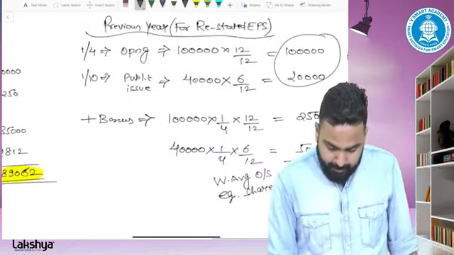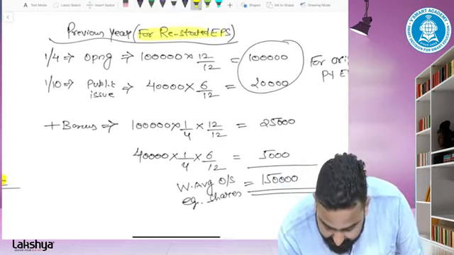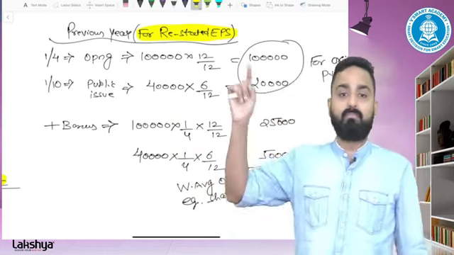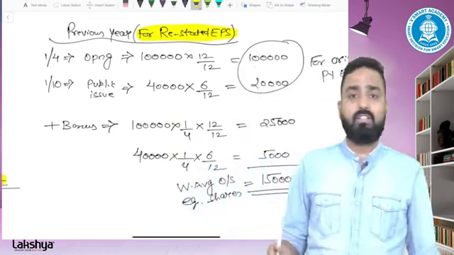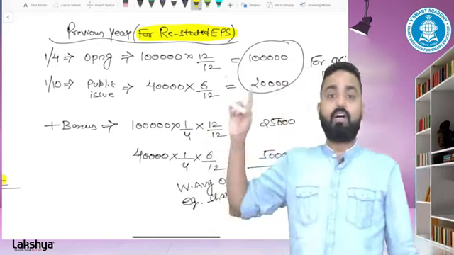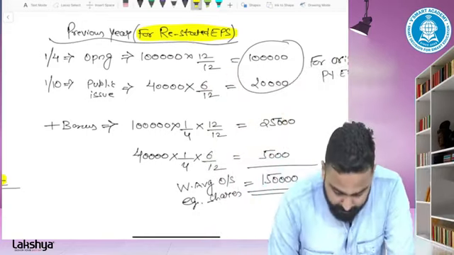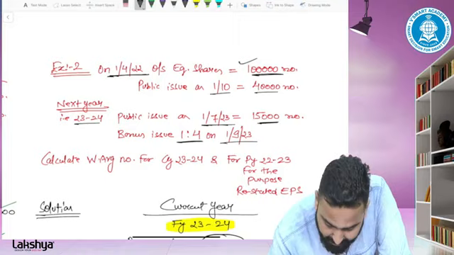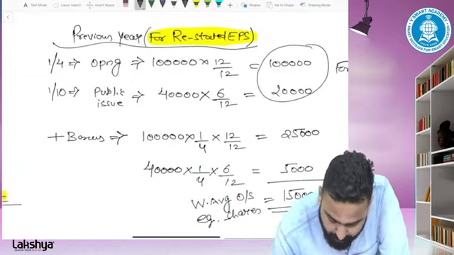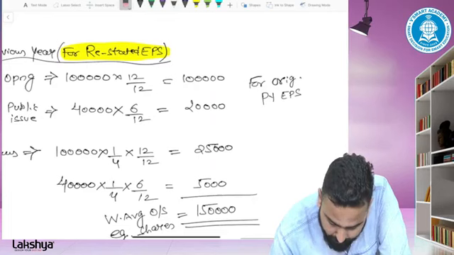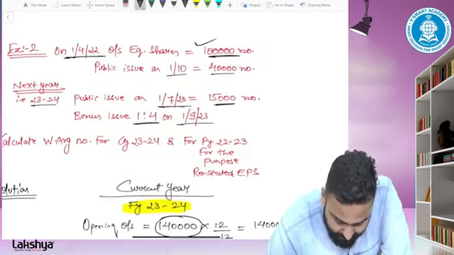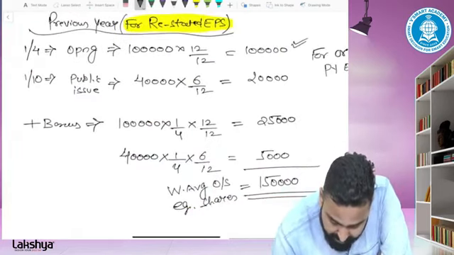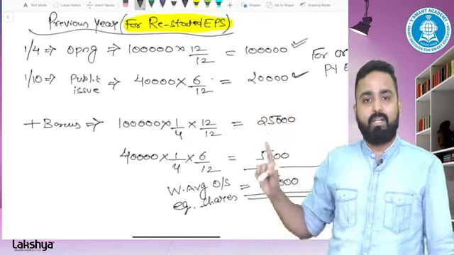Okay. Now as far as previous year is concerned, we are calculating restated EPS, considering bonus. So in the previous year, there was 1 lakh beginning, so 1 lakh 12/12. There was a public issue of 40,000, so 40,000 6/12, and it becomes 120.